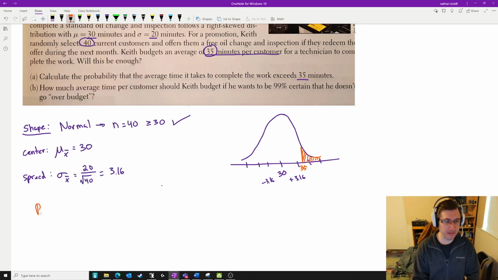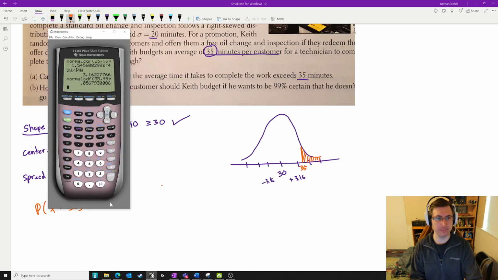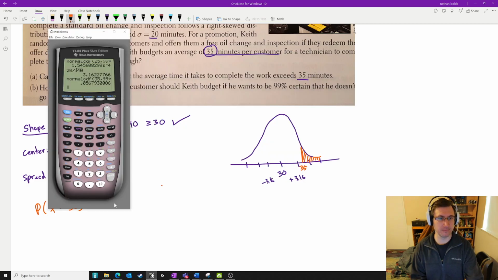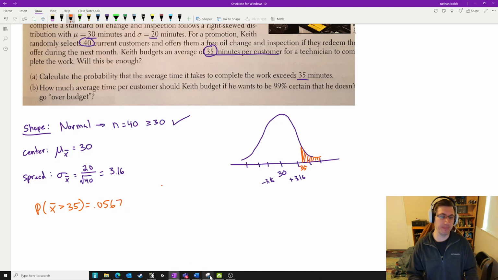So the probability that an average sample will exceed 35 minutes, I don't really need the equal to sign, these are continuous variables, is equal to 0.0567.